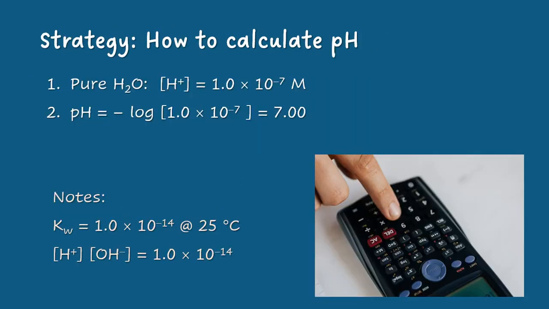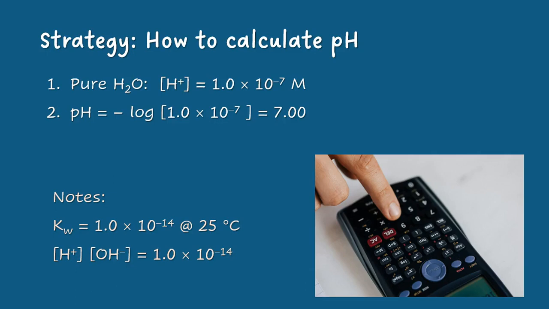In general, you can just remember this pH of 7, and don't have to actually do the calculation, but here's why it works. We know that in pure water, the concentration of H+ that dissociates is related to the autoionization constant of water, or Kw. At 25 degrees, Kw equals 1.0 times 10 to the negative 14, out to 2 sig figs.